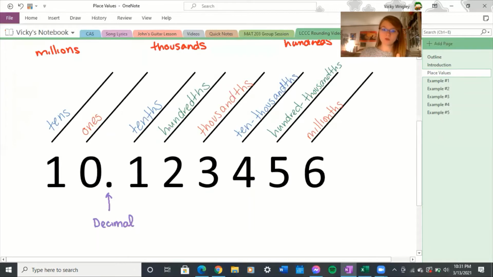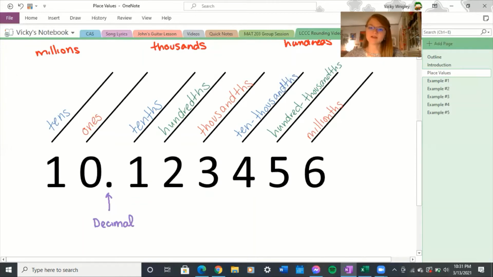Going forward, down the number to the right, you can see that our labeling still takes place, except we're going in reverse. First position next to the decimal is the tenths. Next one over, hundredths. Then we start over again.